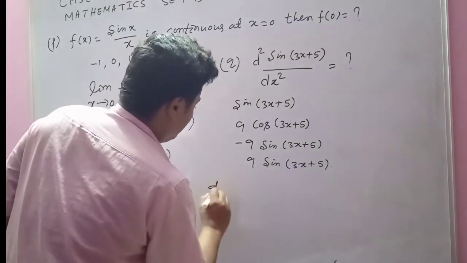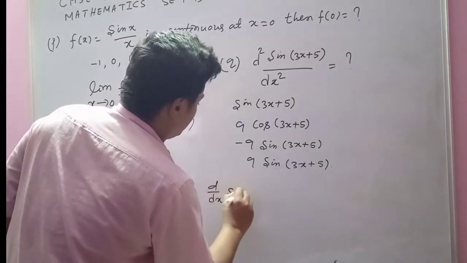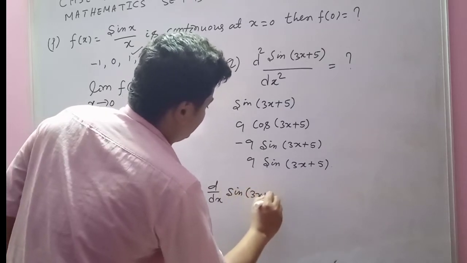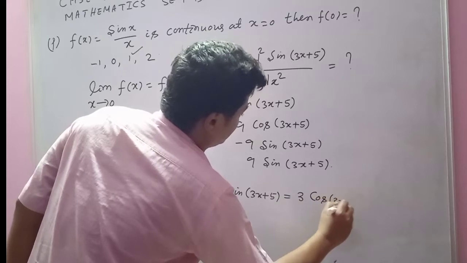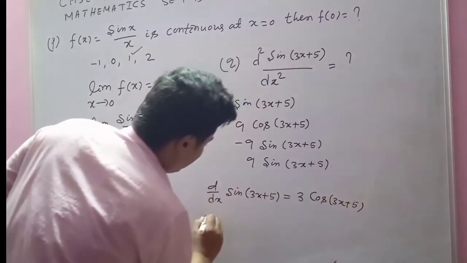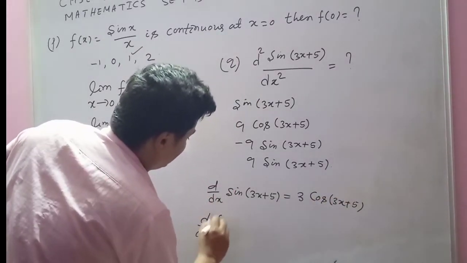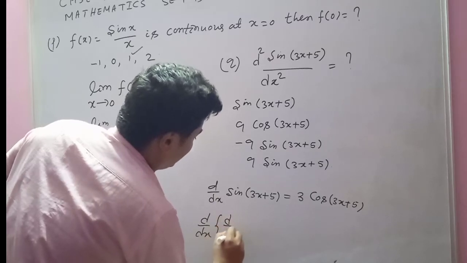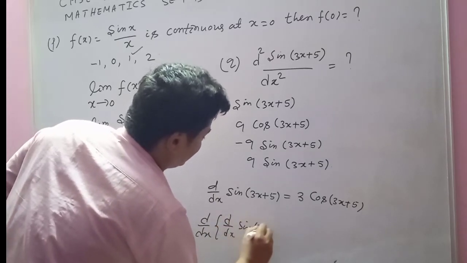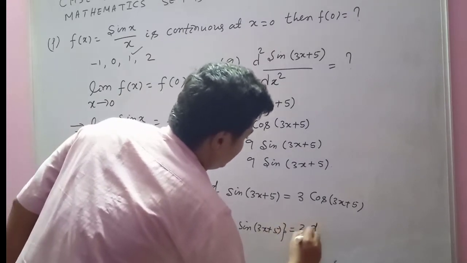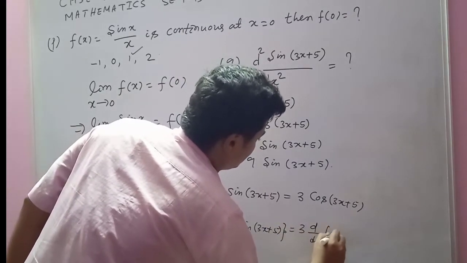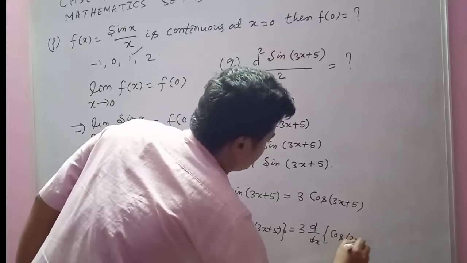Differentiate first. d by dx of sin of 3x plus 5 is equal to 3 cos 3x plus 5. Now again you differentiate. It is 3 d by dx of cos 3x plus 5.